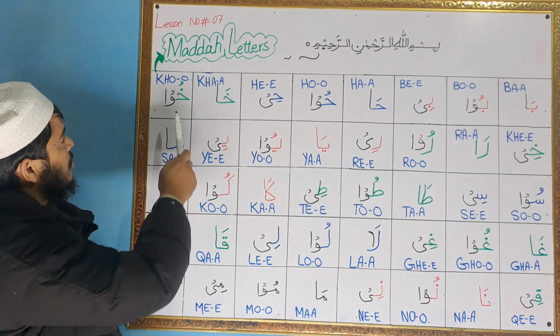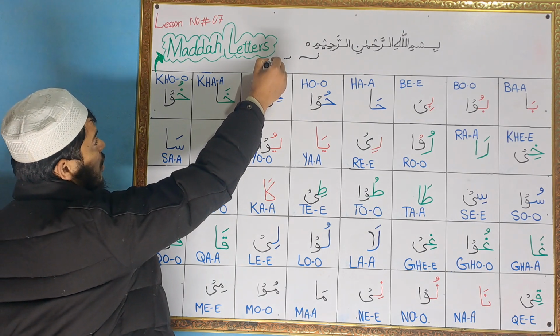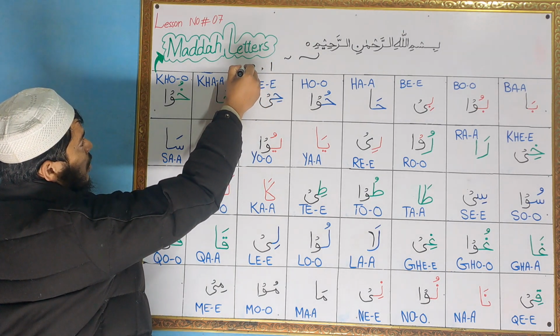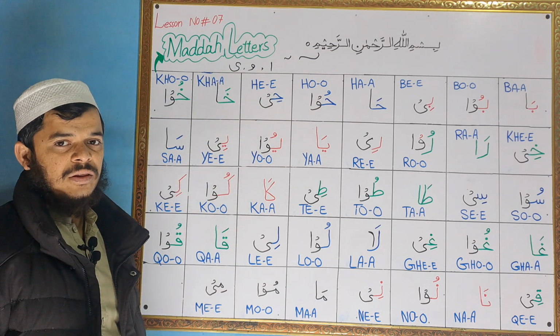and similarly there are 3 letters named Maddah letters: alif, waw and ya. These 3 letters are called Maddah letters.